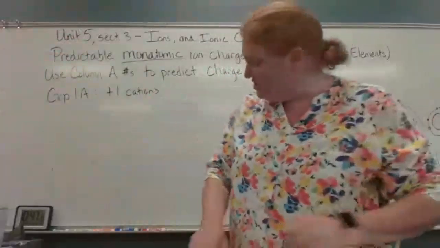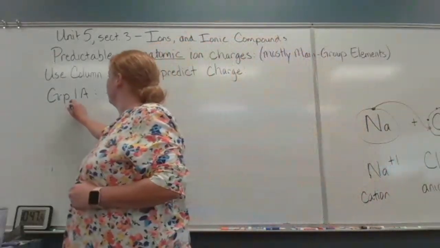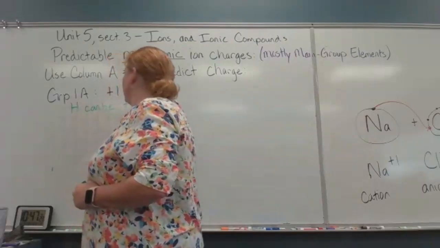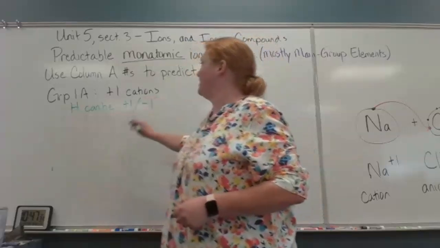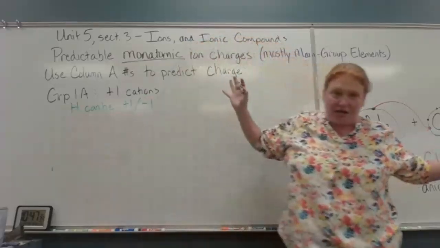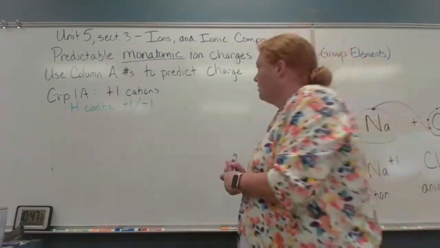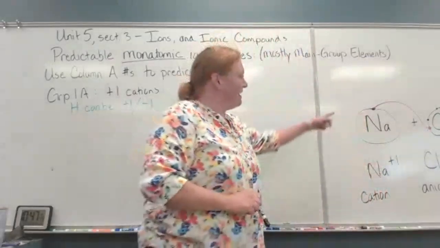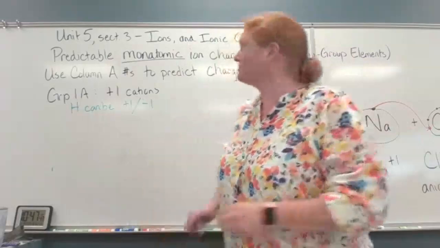Hydrogen is a little bit of an exception, as hydrogen usually is. Hydrogen can be +1 in some compounds like acids that we'll see. It can be -1 if it's the nonmetal in an ionic compound, like metal hydrides, which we'll look at in time. But all the metals will become +1. So that is how I knew that sodium would be a +1 ion.